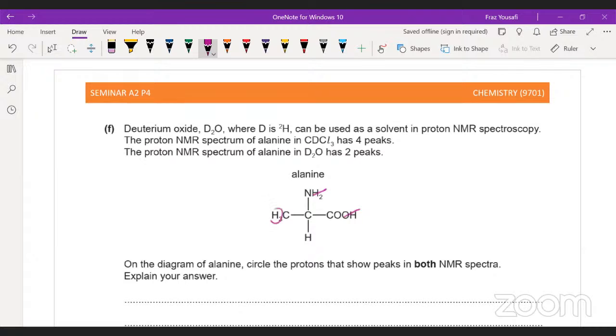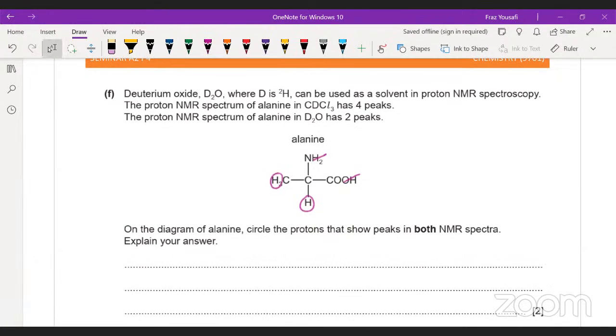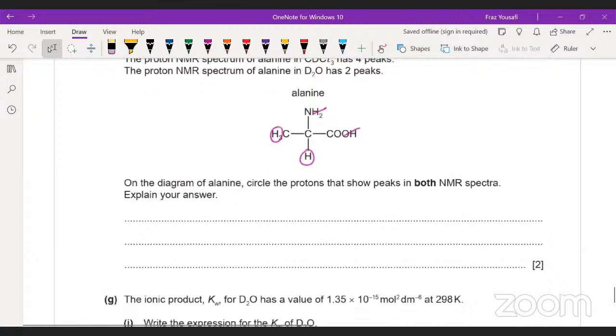So the only ones that would show up would be this and that. Thus, circle the protons that show peaks in both NMR spectra, which would be the CH3 and the H at the bottom. In your explanation, you would talk about how, in terms of the amine and the carboxyl, those protons would be swapped out with deuterium atoms, and thus the peaks would disappear.